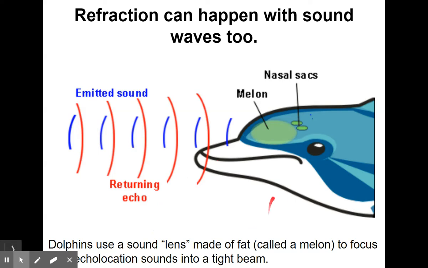So you may know that they make echolocation too, like bats, and they make noises through the water to see further away, and they get this echo back. And so to focus that sound, they use this part of their body, which is pretty cool.